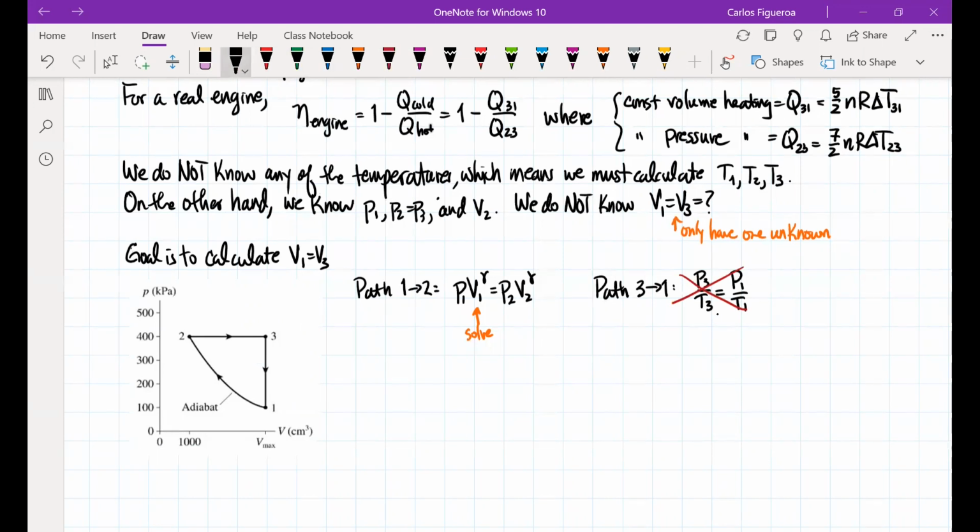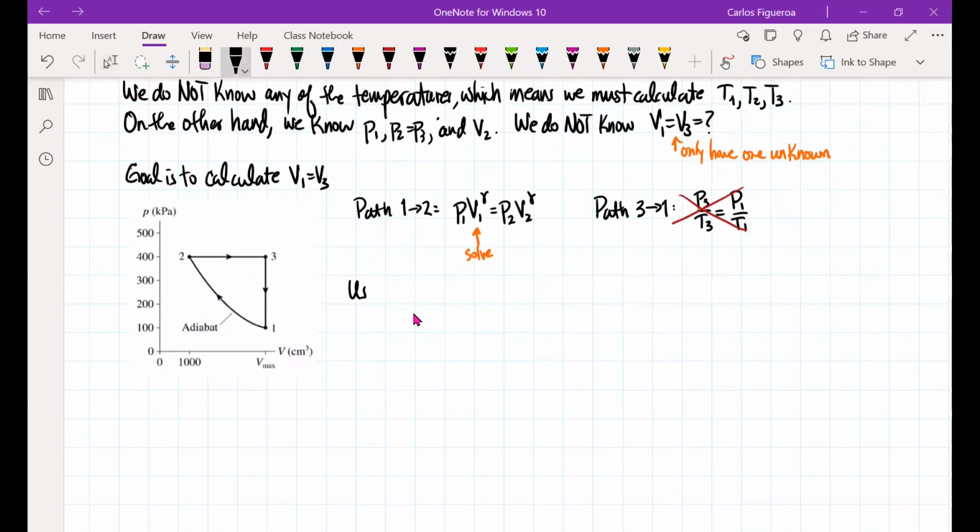We have to solve the adiabatic curve. So I'm going to use the adiabatic condition to solve for V1. I see that P1 V1 to the gamma is equal to P2 V2 to the gamma.